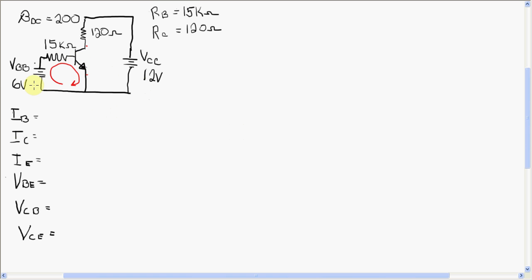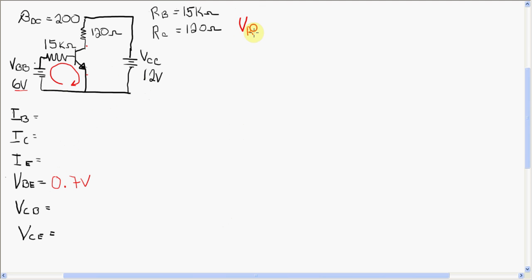So if you imagine this loop has a 6-volt supply available to it, and VBE, remember, as we talked about in a previous video, for conduction in the active region, this would be forward biased. A forward biased PN junction is 0.7 of a volt.